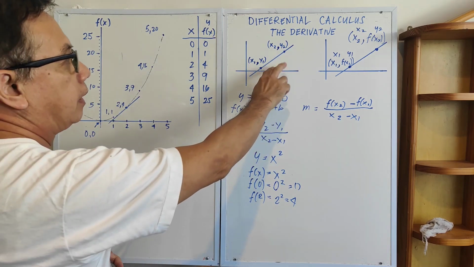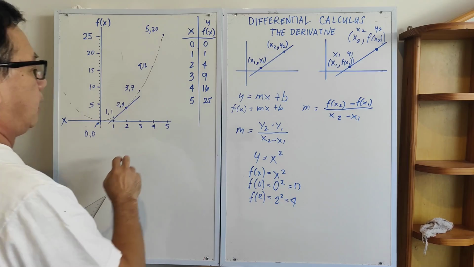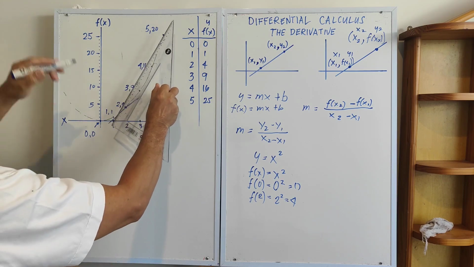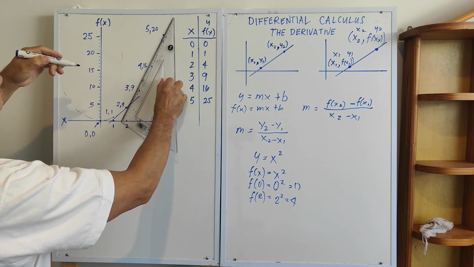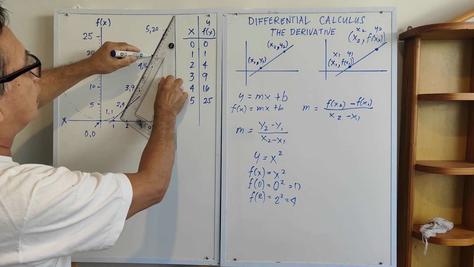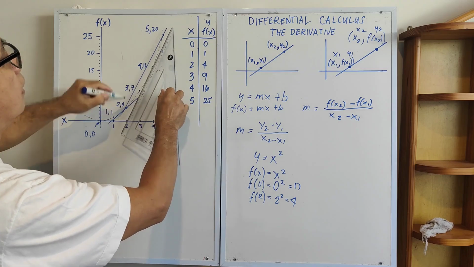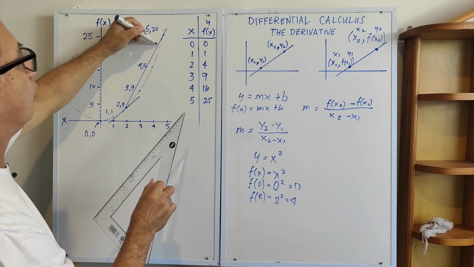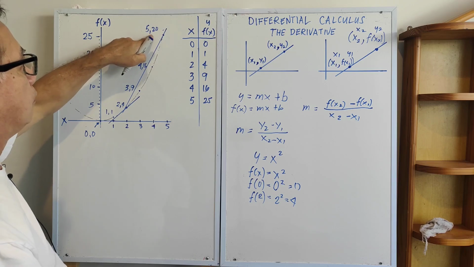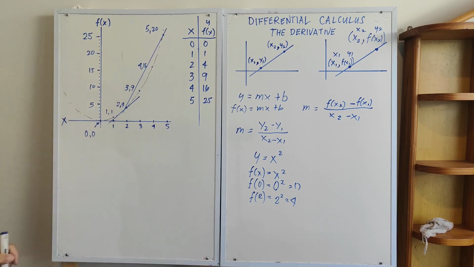For example, here we need 2 points. We can try to approximate by drawing a secant line. A secant line is a line within the curve, and if you connect it, it's called a secant line. So we can get the slope of this line, from point 5, 25 to 2, 4.